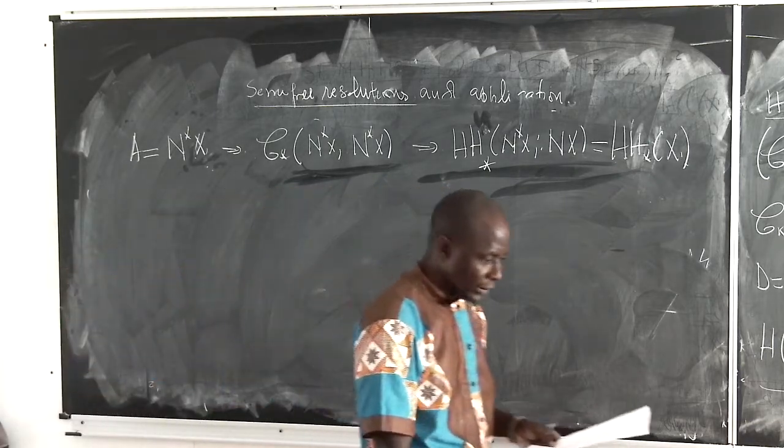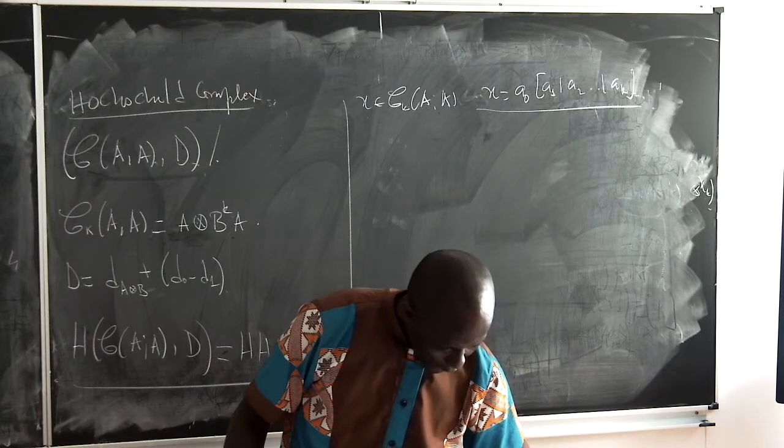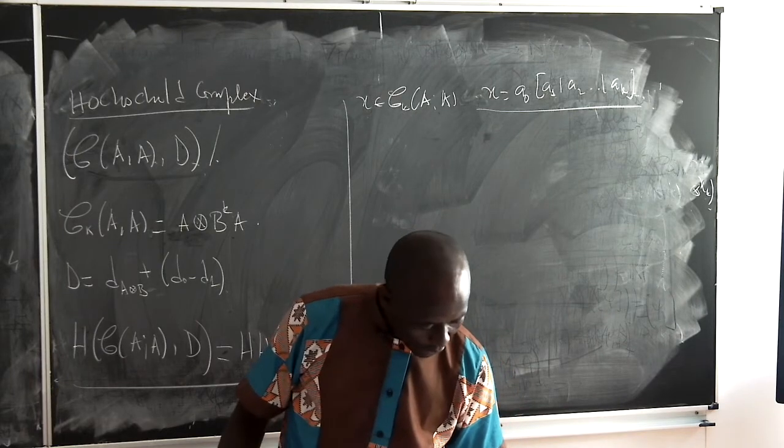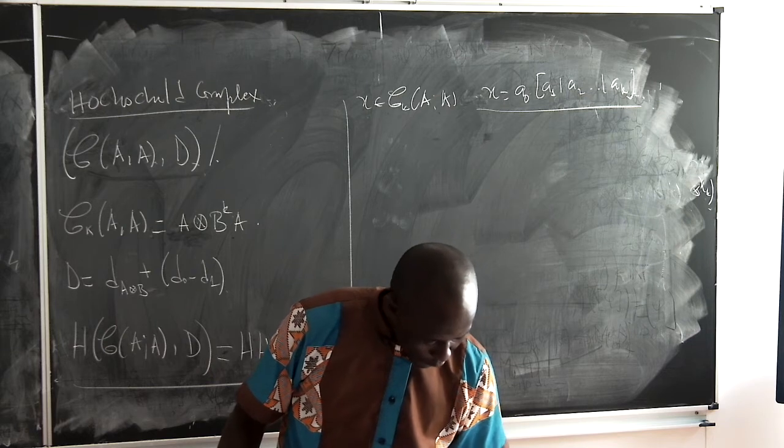Now let us define the algebra structure on the Hochschild homology.